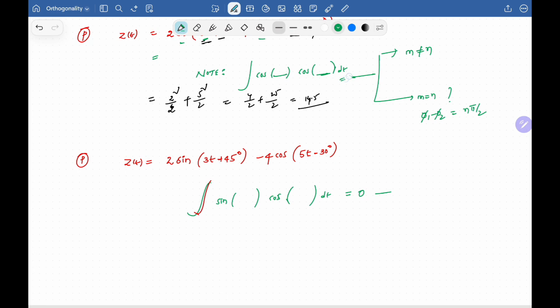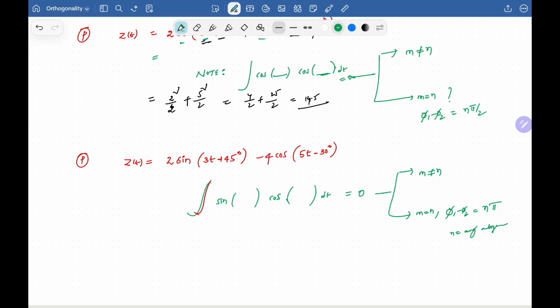To be orthogonal, m should not be equal to n, then it will be satisfied. Otherwise if m equals n, here the phase difference should be equal to n pi, where n can be any integer; there it should be an odd integer only. That is the basic difference you can focus on.